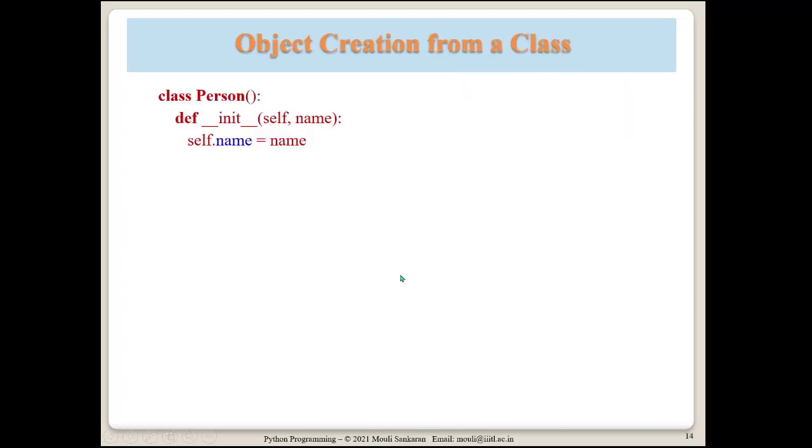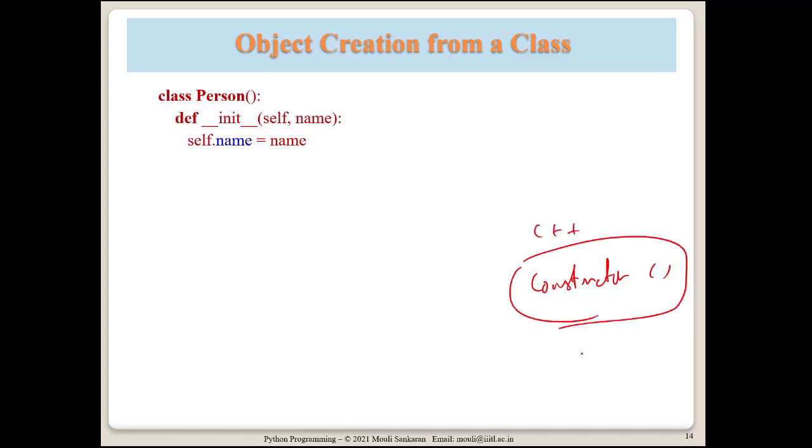Now, object creation, one example I will show you. This is a little different from the constructor concept that we have in C++. In C++, when you create an object, the constructor is called and it creates the instantiated object of the class.